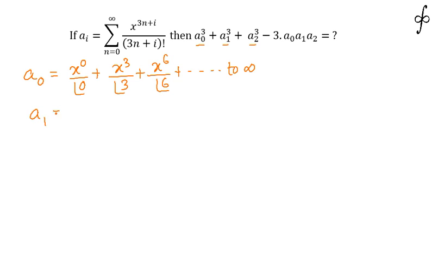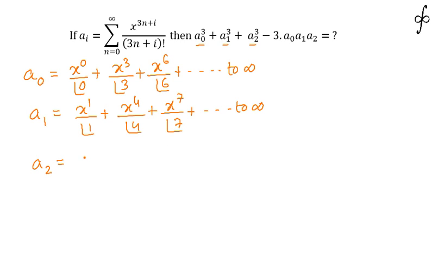And the value of a1 will come out to be x to the power 1 by factorial 1, then x to the power 4 by factorial 4 plus x to the power 7 by factorial 7 to infinity, and a2 will come out to be x square by factorial 2 plus x to the power 5 by factorial 5 plus x to the power 8 by factorial 8, so on to infinity.